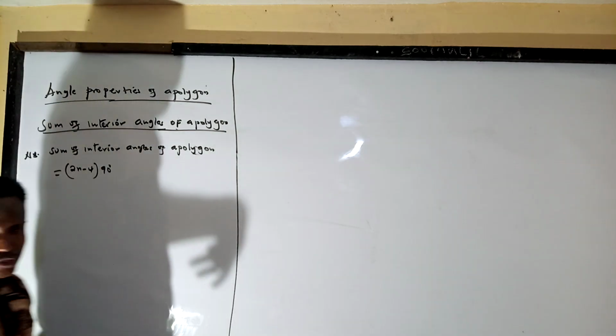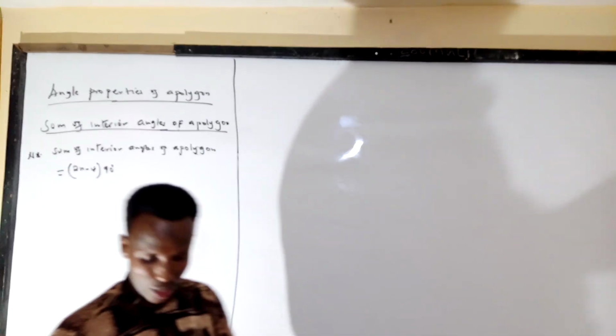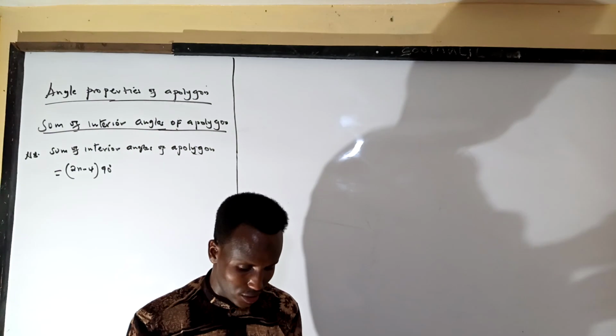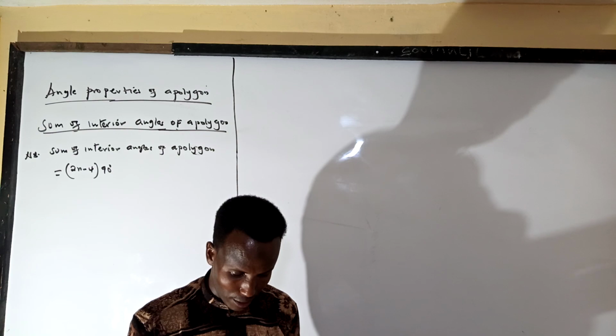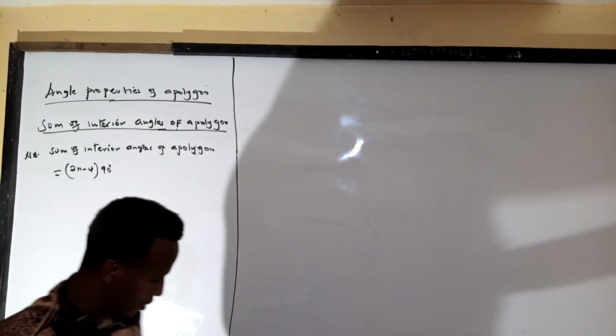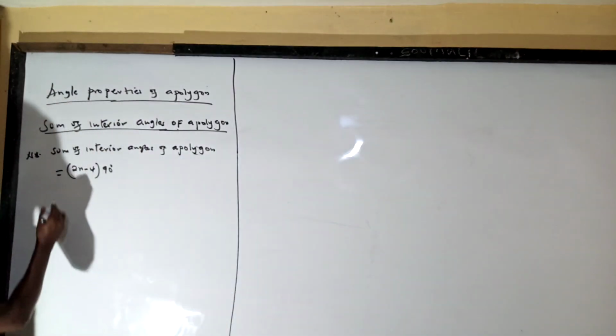This is the formula we'll be using to get the sum of interior angles of a polygon. Then we will also see questions relating to this concept. Let's now see the first example.